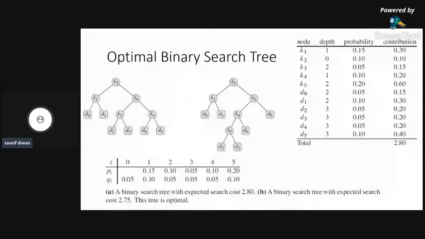Just check how many levels are there: first, second, third, fourth, fifth. So 5 levels are there. And what is the probability of this unsuccessful search? 0.05. So 0.05 multiplied by 5 is 0.25, which is the total contribution related to D2. And if I sum all these things corresponding to this particular tree, then it will come out to be 2.75.